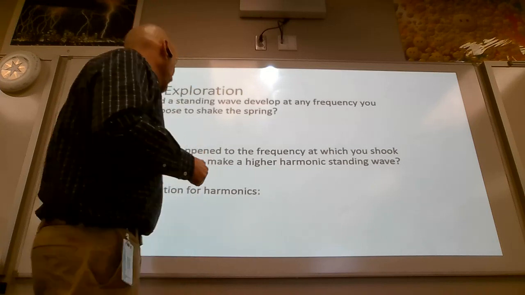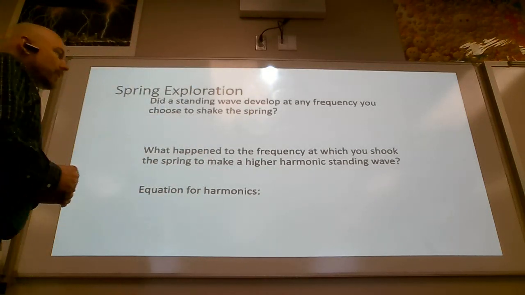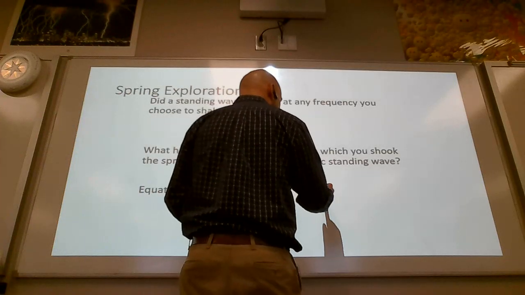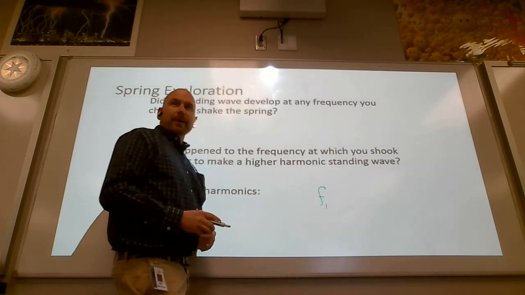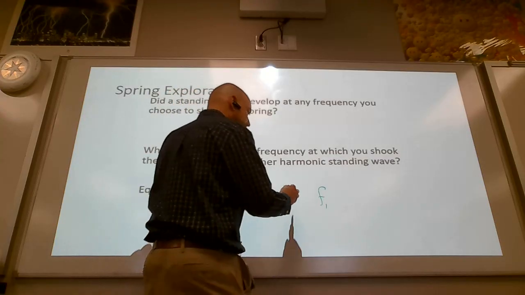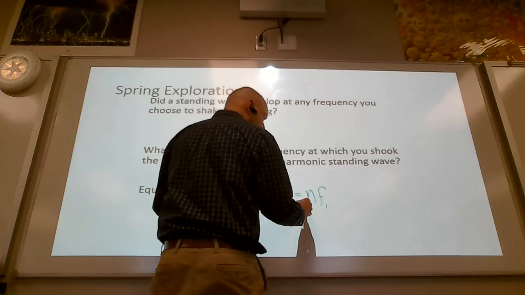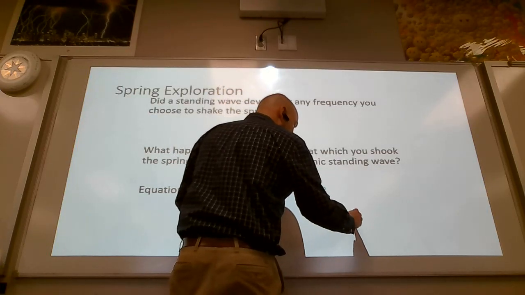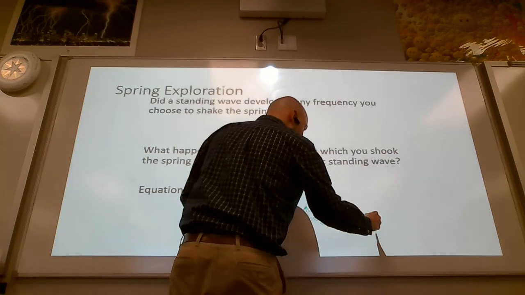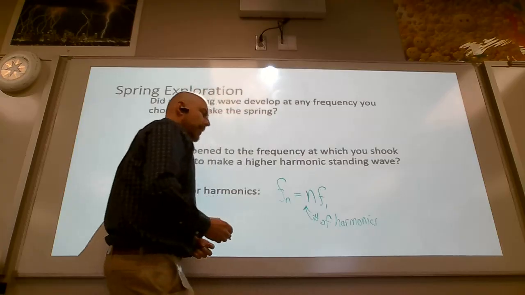It's more frequent. Okay, so it turns out that the equation for your fundamental frequency, the first harmonic, is equal to n, the number of harmonics, is equal to the nth harmonic.